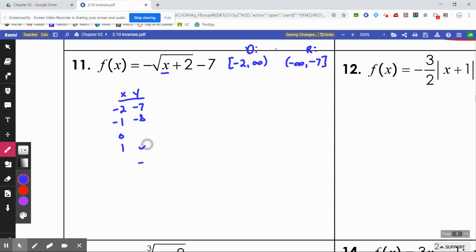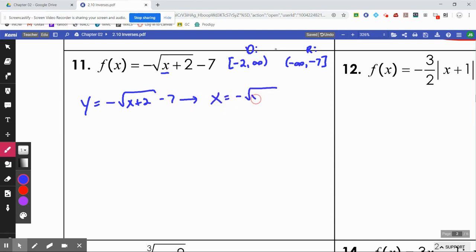So now let's keep that up there, and now let's work the problem. To find an inverse, again, I'm going to write this as y equals the negative square root of x plus 2 minus 7. And let's switch our x and y's. X equals the negative square root of y plus 2 minus 7. Move your 7 over, and it gives you x plus 7 equals the negative square root of y plus 2.